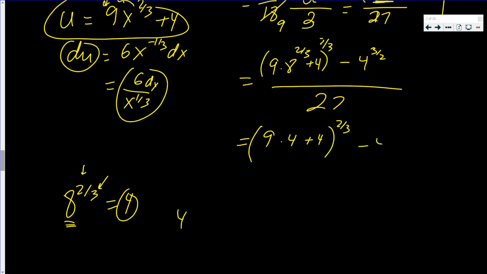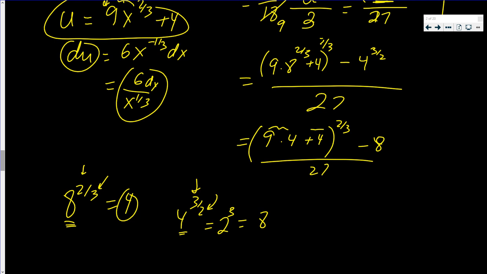How much is 4 to the 3/2? I claim it's 8. What times itself 2 times gives us 4? 2. Cube that answer. You get 8. All over 27. 36 plus 4 is 40.